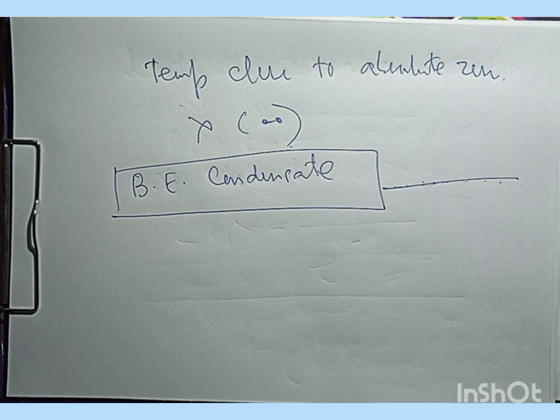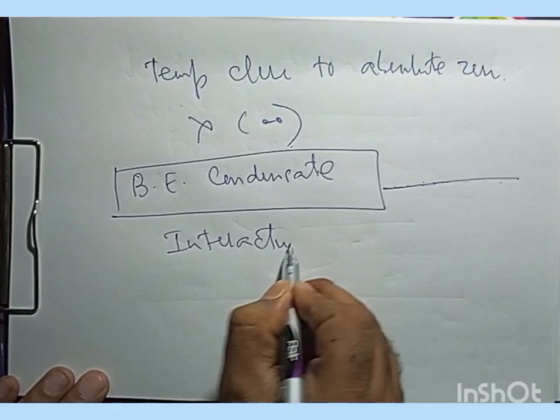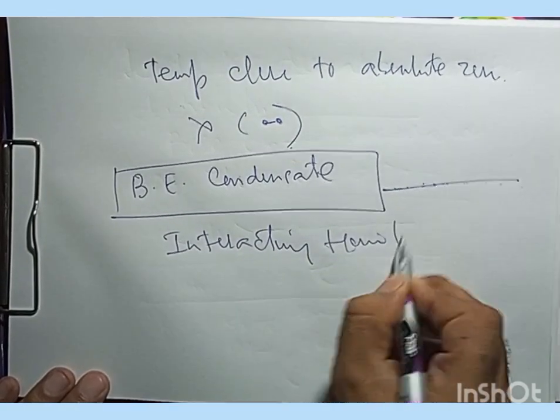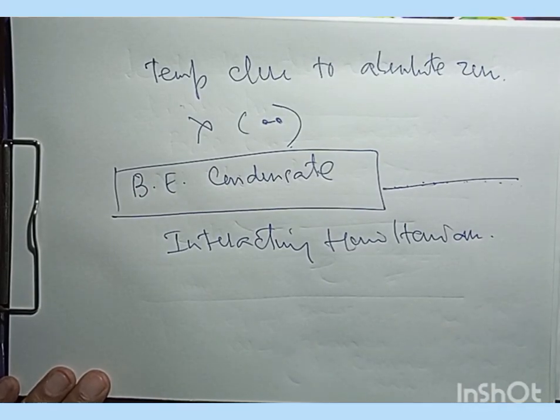The typical interacting Hamiltonian looks like this.